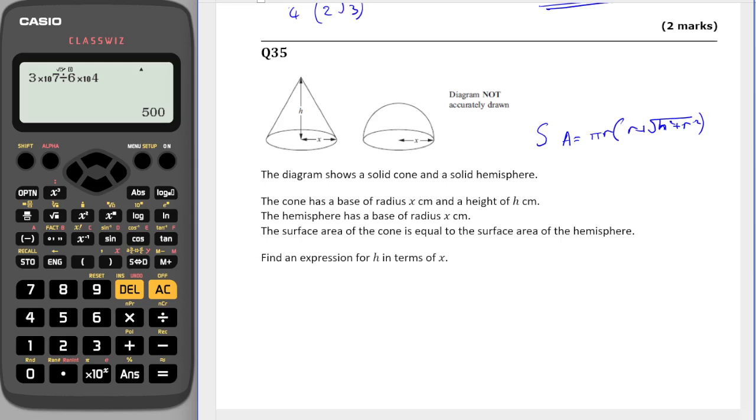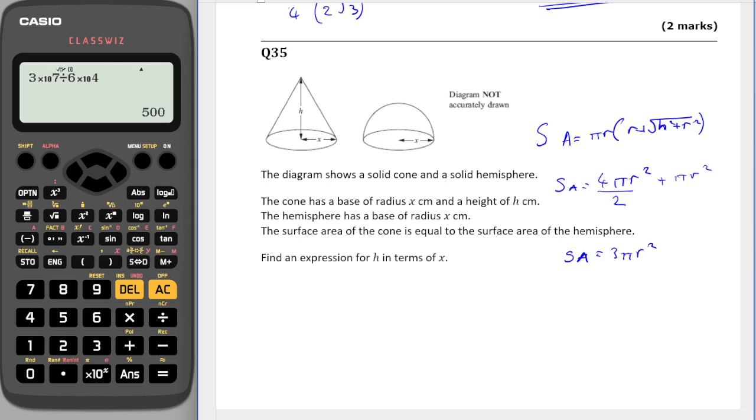The surface area of a sphere is going to be equal to 4 pi r squared. So we need half of that, so we'd need to divide it by 2, but we need to add on the area of the circle, so we need to add on pi r squared. So I think the surface area of the hemisphere is going to be equal to 2 pi r squared plus pi r squared, which is 3 pi r squared.